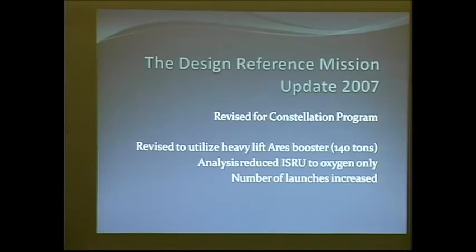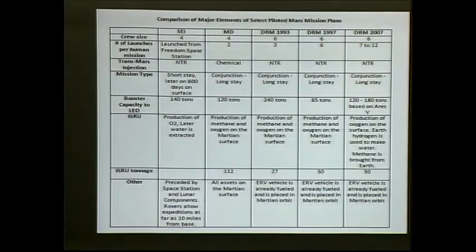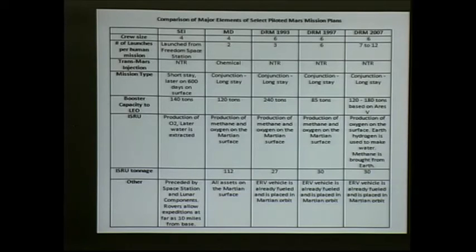I'd like to move ahead to just maybe a brief summary of what's here. As you can see, what we have here is SEI, Mars Direct. This is the first official document called a Design Reference Mission, issued in 1993, and this was largely based off of Mars Direct.